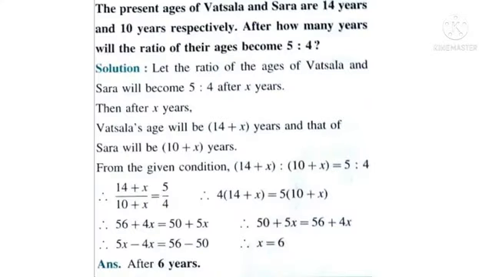Okay students, now we see a word problem on ratio and proportion. See here the example given. The present ages of Vatsala and Sara are 14 years and 10 years respectively. After how many years will the ratio of their ages become 5:4?